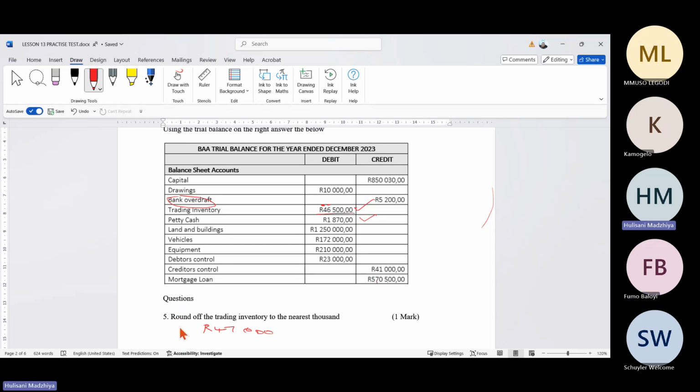Yes, 100%. But then again, what about this account over here? What do we classify this account as? Debtors control, can it be a non-current asset? Yes, it is a current asset.